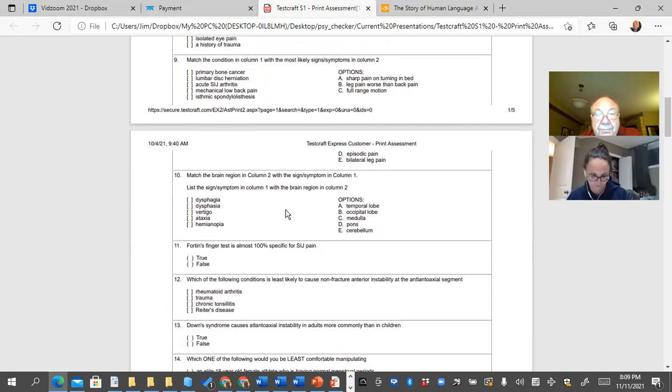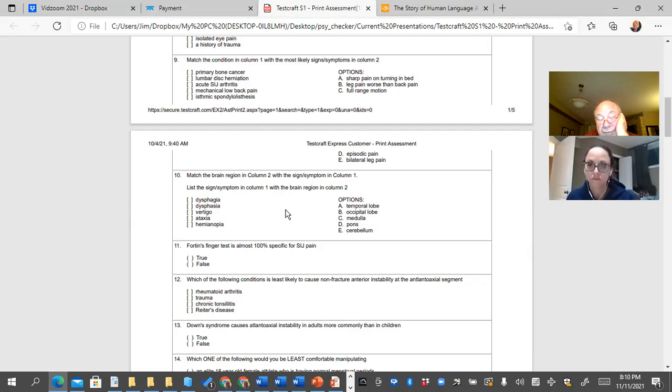Question 10. I think there's just too many things. These are not easy, these questions, if you don't know them. Match the brain region in column 2 with the external symptom in column 1. So dysphagia is low down, it's medulla. Dysphasia is actually Wernicke's area, so it's going to be the temporal lobe.